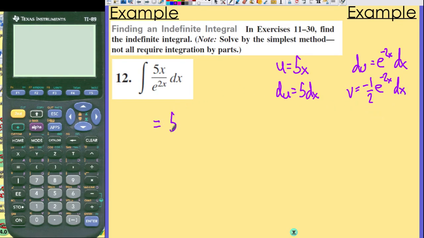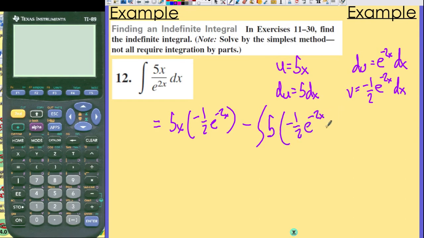That's going to equal 5x times negative 1/2 e to the negative 2x, minus the integral of 5 times negative 1/2 e to the negative 2x dx. That works. Cleaning that up, negatives cancel out. I'm going to put a plus 5/2 on the outside, the integral of e to the negative 2x dx.